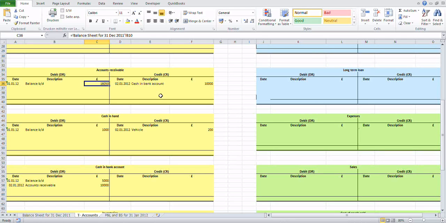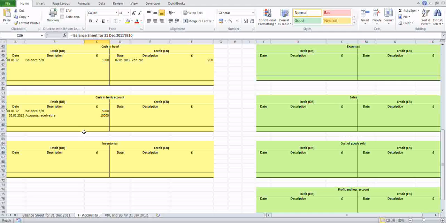The third transaction took place on the 9th of January 2012. It says that new stock was bought for £10,000, with half being paid from the bank account and the remainder due in 2 months. So let's again consider which accounts are involved. When new stock is bought, our inventory is increasing.